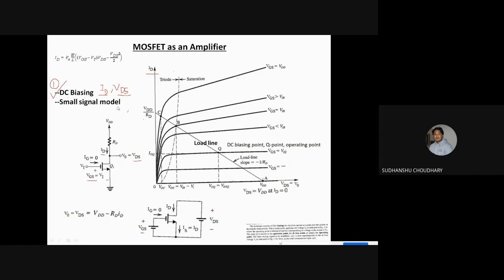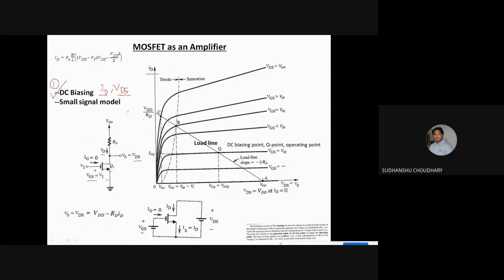So what is a small signal model? A small signal model is the electrical equivalent circuit for this transistor. It has resistances and current sources, all the electrical parameters of this MOSFET.